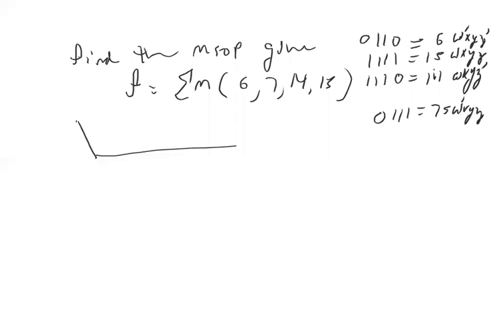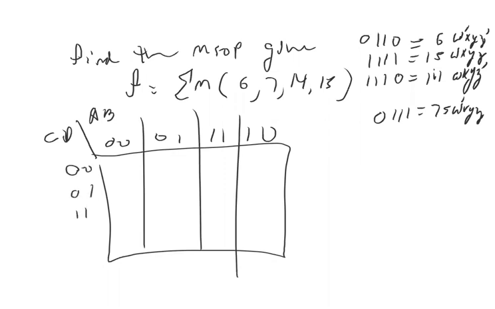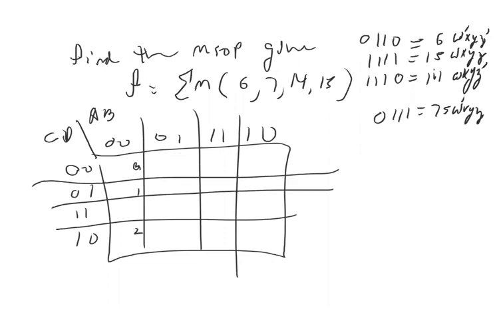So to see what the minimal sum of products is, I can see from the canonical sum of products form, 6, 7, 14, and 15 all get 1s. Everybody else gets 0s.